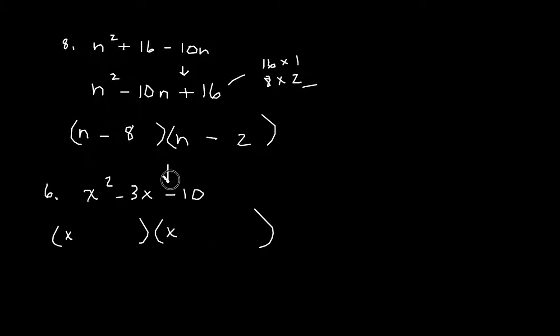Now the last sign is negative, which means one's going to be plus and one's going to be a minus. And when we subtract them, we should get 3. So we have 10 and 1 as a combination, and the other one is 2 times 5. Now if we subtract these, we are indeed going to get 3, but we have more negatives, so the bigger one has to be negative and the smaller one positive. All right, that's it for test review.